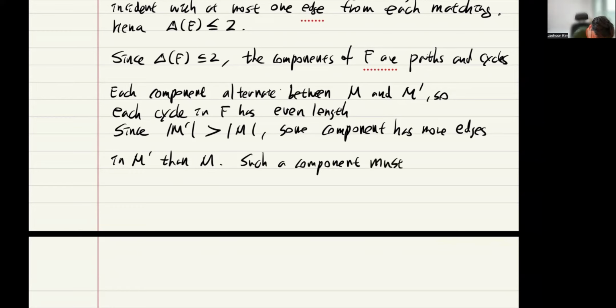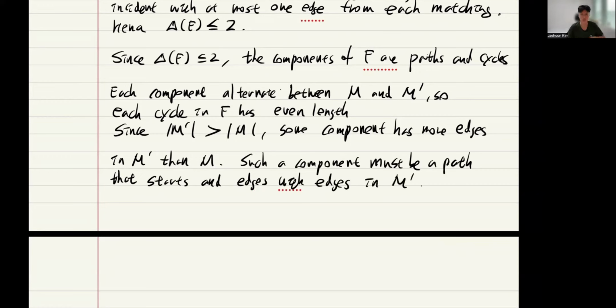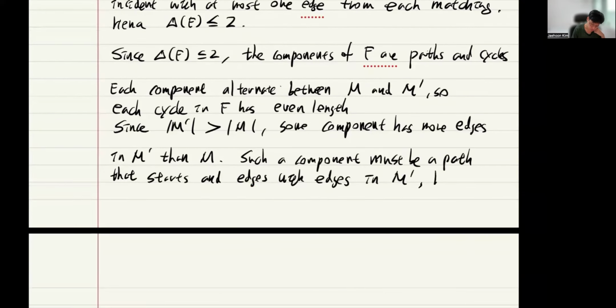That must be a path. And moreover, it starts and ends with edges in M prime, because it contains more edges in M prime than M. So it is an M-augmenting path.